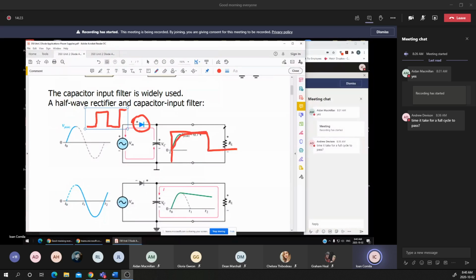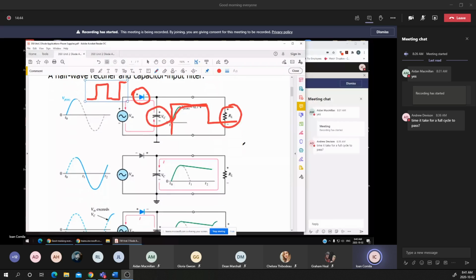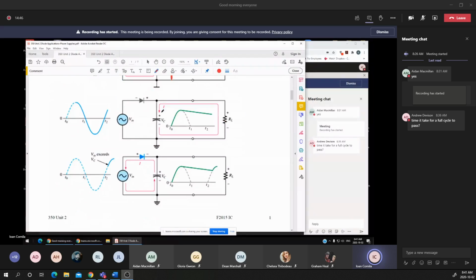We discussed the charging time as depending on the value of the capacitor and the value of the resistor. That's the time constant of a circuit that has a resistor and a capacitor connected to it. Now the question is, can a capacitor smooth out the output voltage?